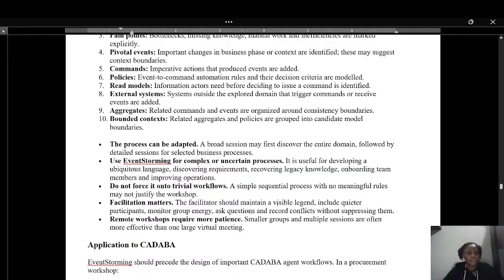So do not force it onto trivial workflows. A simple sequential process with no meaningful rule may not justify the workshop. So facilitation matters.